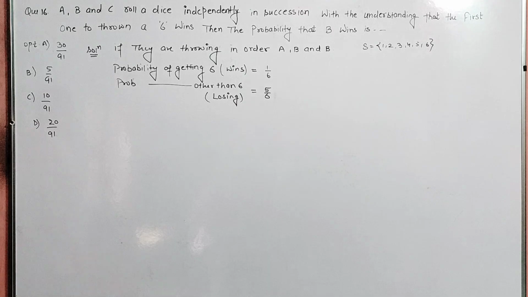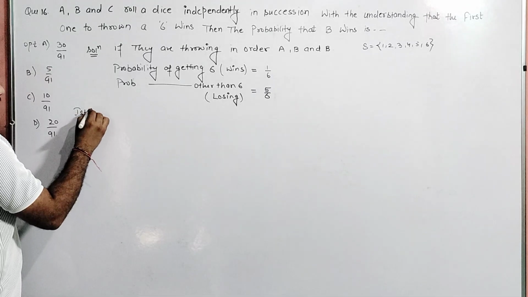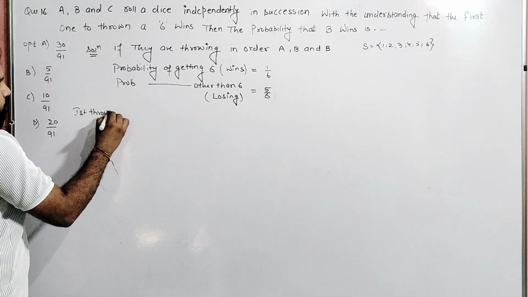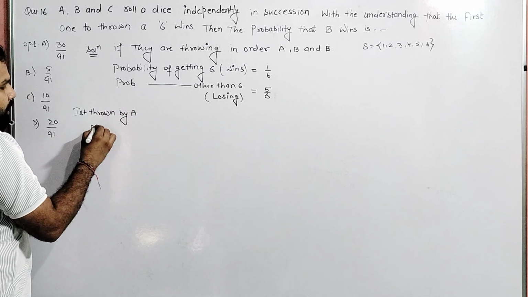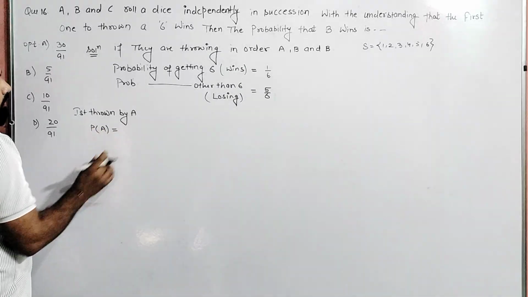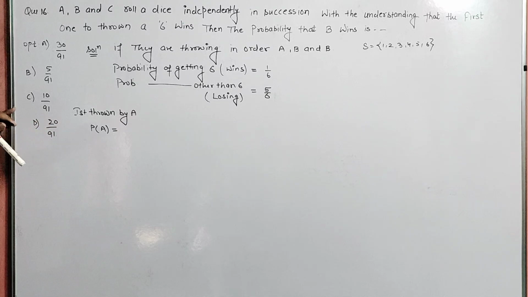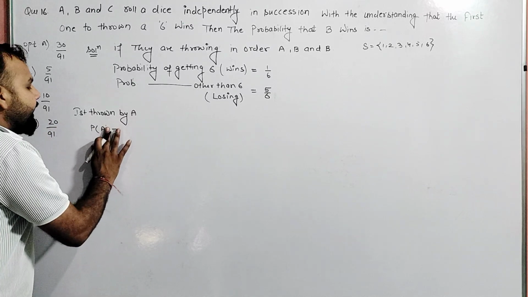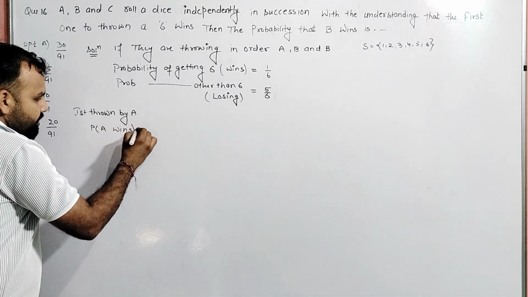Students, we know very well, we are playing with the first throw by A. That means P of A, that is equal to first throw by A, that means P of A wins, that is 1 by 6.